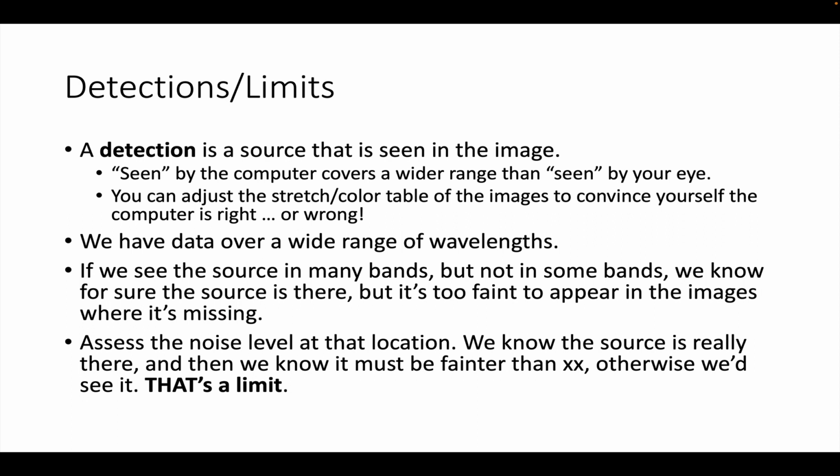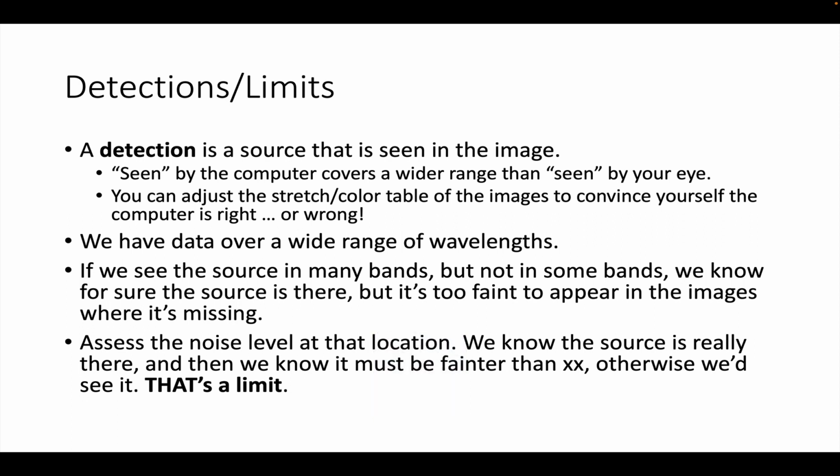So a detection is a source that is seen in the image. By seen, I mean the computer sees it or your eye sees it, but when the computer sees it, it covers a wider range of brightnesses.